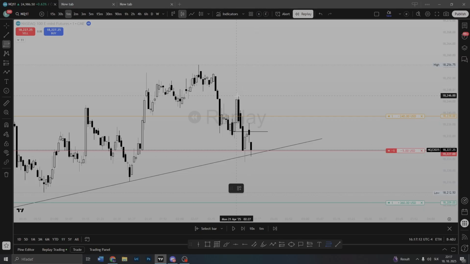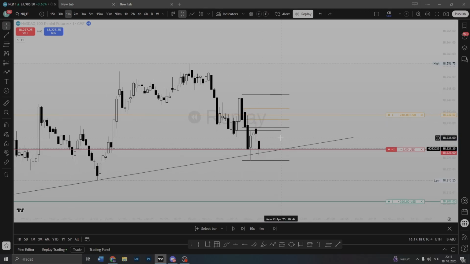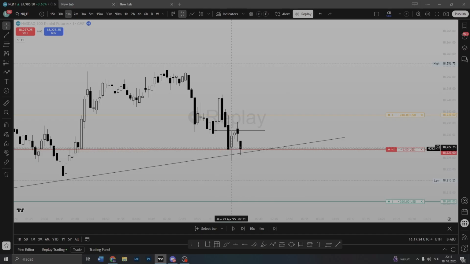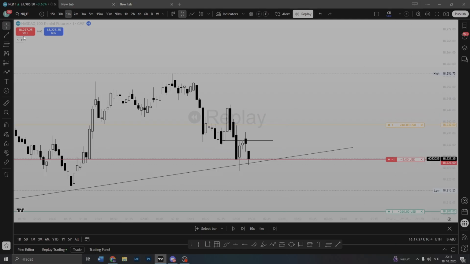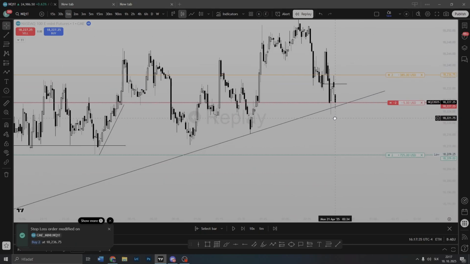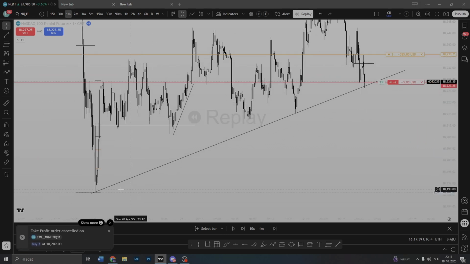Basically we took the liquidity and then we went back to the EQ of the range right here. And now again we are closing below this 231 candle, creating another CISD. So actually we can go with 2. We can put our stop loss to this 233 candle. And now I'll be targeting one right here and one on the lows, if we go to that low.